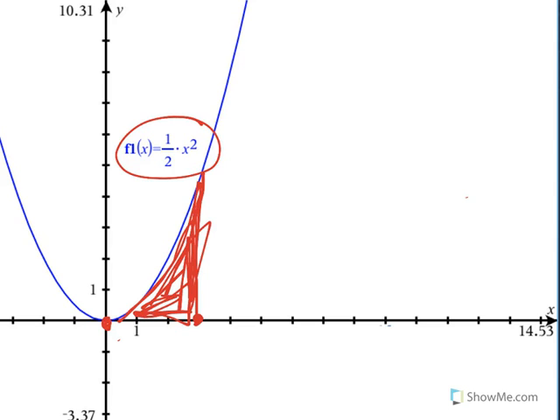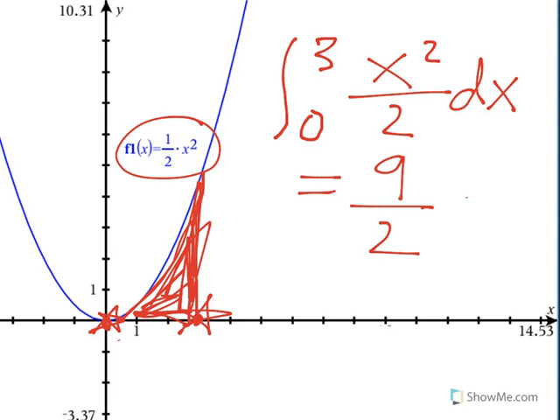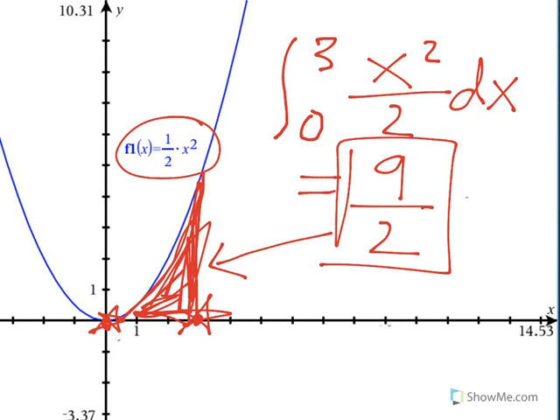To find that, you would take the integral from 0 to 3 of x squared over 2 dx. And when you do that integral, that comes out to be 9/2. So the area of this red section is 9/2.